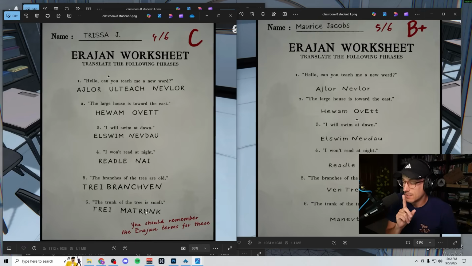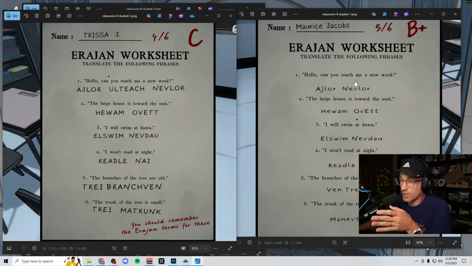So if ven would mean the end of the tree, then the start of the tree would be nev, meaning nev tree would mean small start of tree. The trunk of the tree is small. So then the only one this one got wrong was the first.